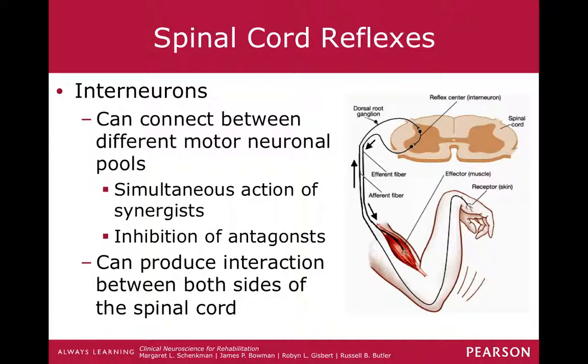Interneurons can connect neurons within a neuronal pool to activate more of a given muscle, or can connect between different motor neuronal pools to get simultaneous action of both synergists, and interneurons can inhibit antagonists and can produce interaction between both sides of the spinal cord.